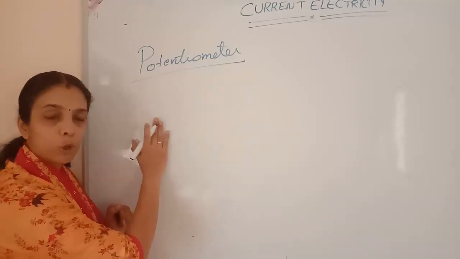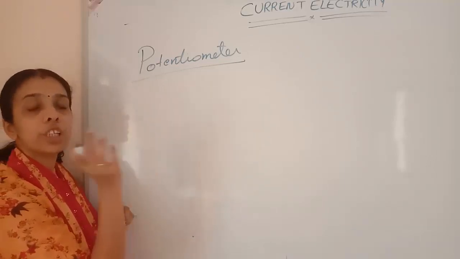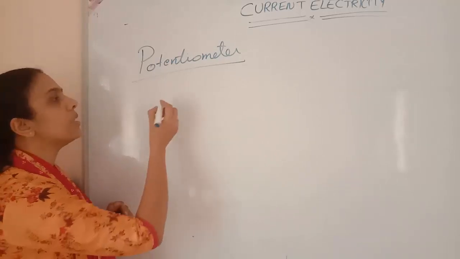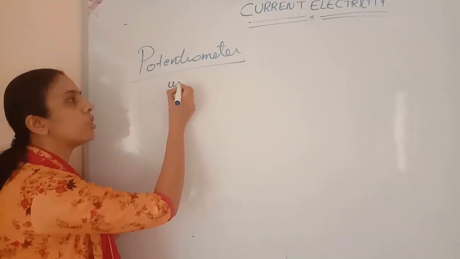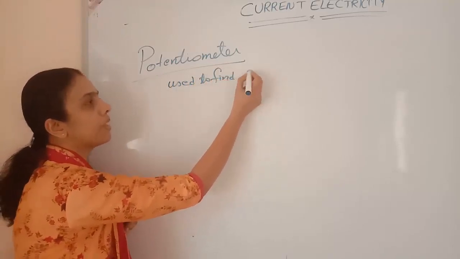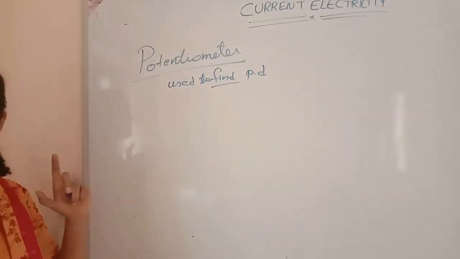Using potentiometer, we can find out the potential difference between the 2 points in a circuit. Okay, so potentiometer is used to find the potential difference.